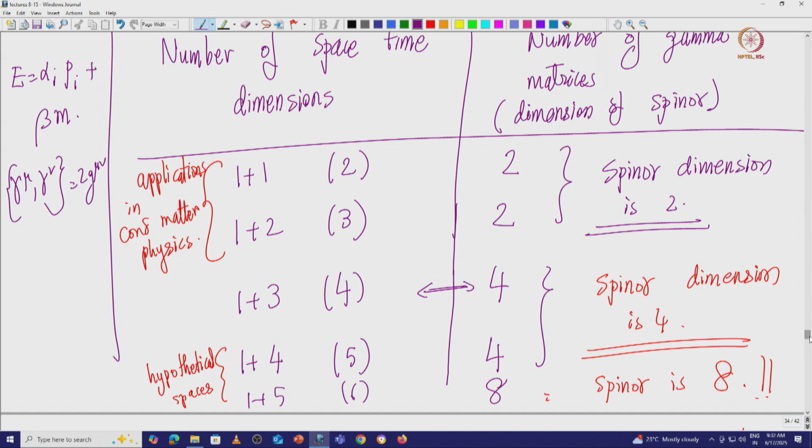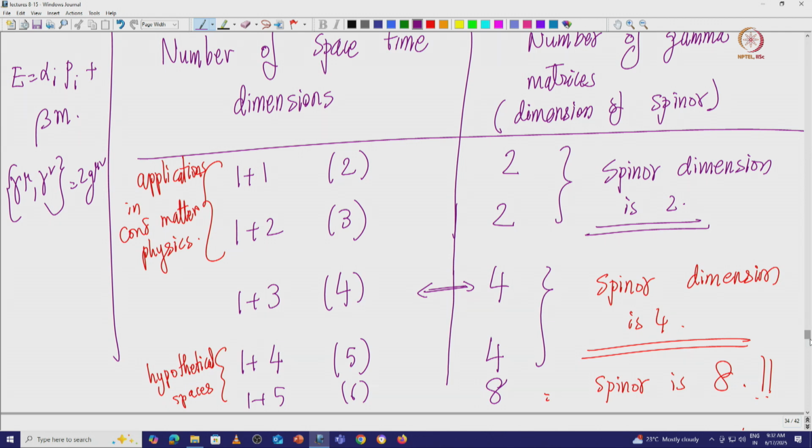If you have, say, a hypothetical 6 dimensional space time, you need spinors of dimension 8. If you are looking at 1 plus 1 dimension, imagine that you are only confined to a plane. In that case you only need 2 sigma matrices or gamma matrices. So the gamma matrices reduce to 2 dimensions, and the spinors would be just left movers and right movers.